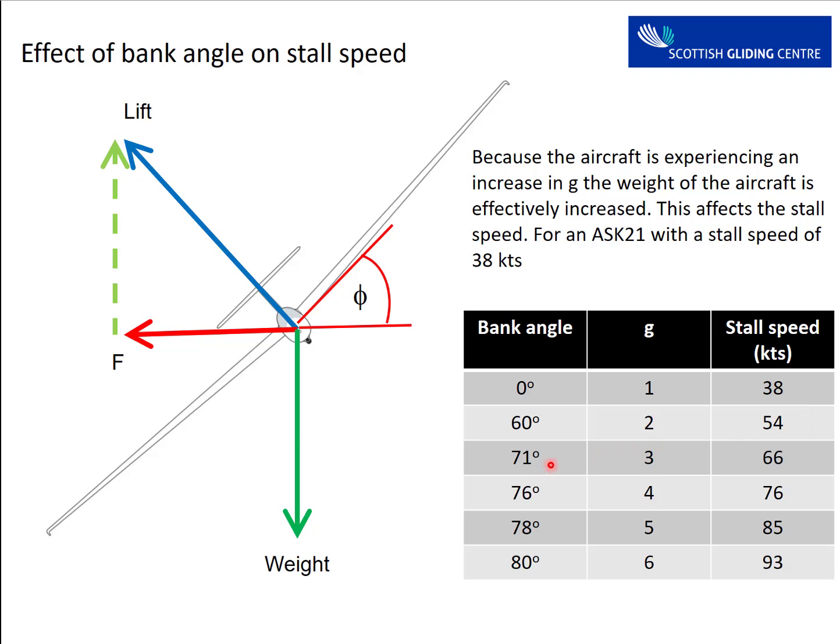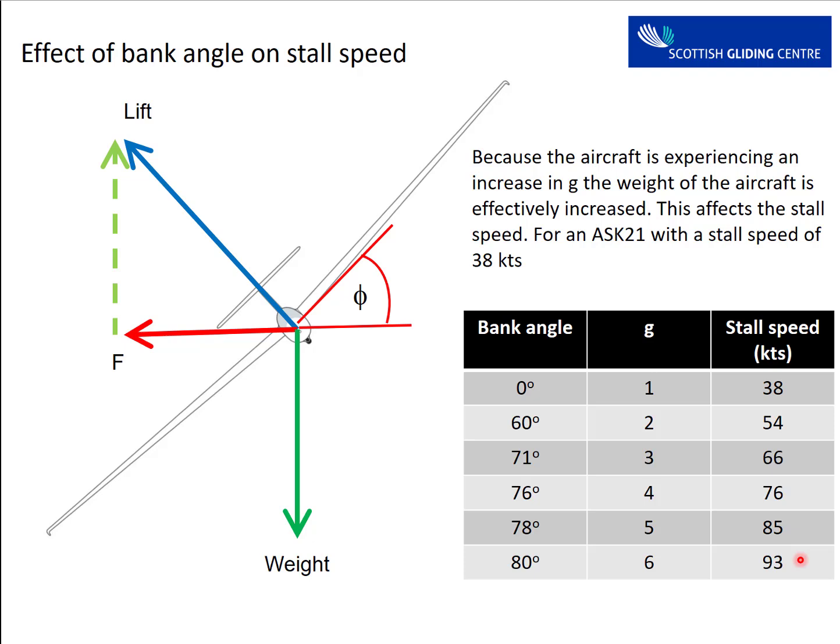If we're in a 71-degree bank turn, we've only increased the bank angle by 11 degrees, we've now gone up to 3g, and our stall speed has gone up to 66 knots. And once we get up to very high g loadings, 5 or 6, increasing bank angles by only 1 or 2 degrees, our stall speed is now up at around 85 to 90 knots.